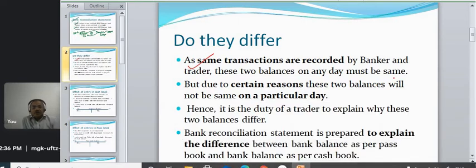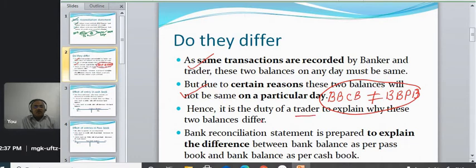correct? But due to some reasons, bank balance as per cash book will not be equal to bank balance as per passbook. Since these two balances differ, it is the duty of a trader to explain why it differs.